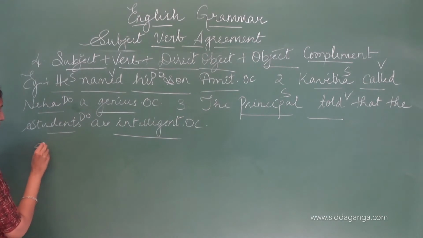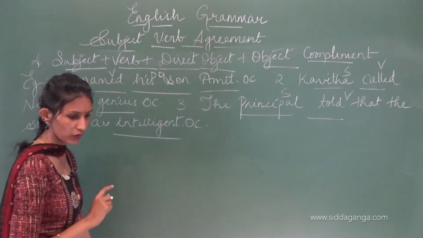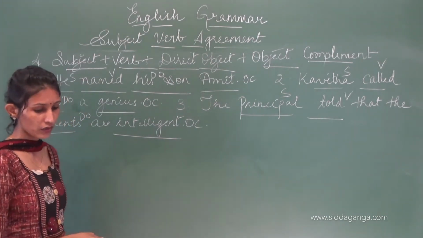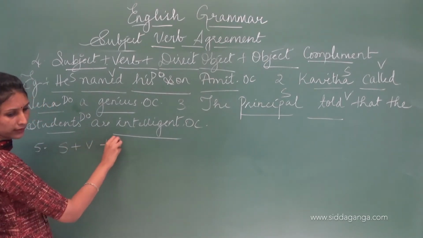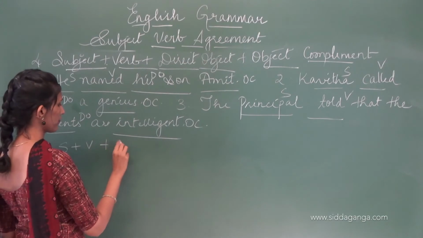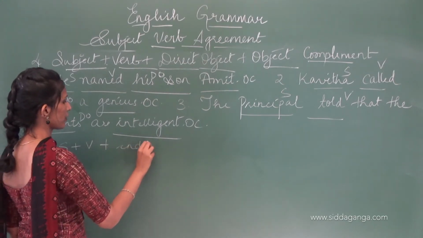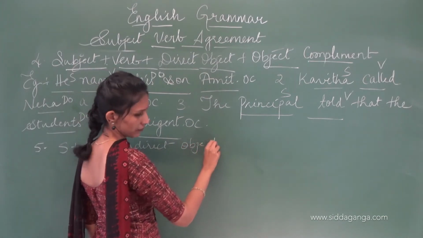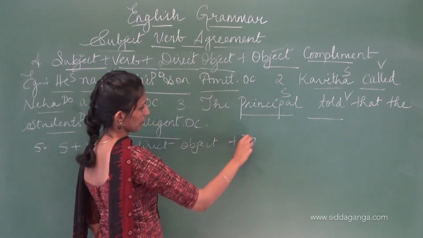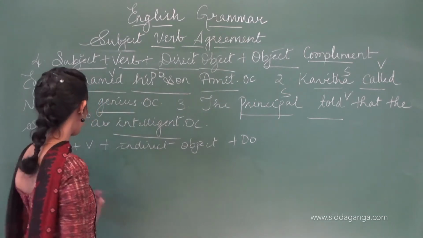Okay, henceforth I am going to write subject verb as S plus V. Okay, so next one is S plus V plus indirect object plus direct object. DO is direct object.